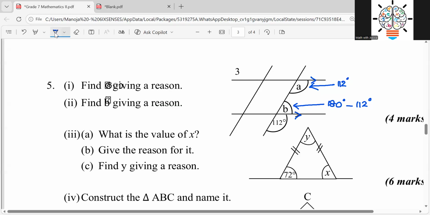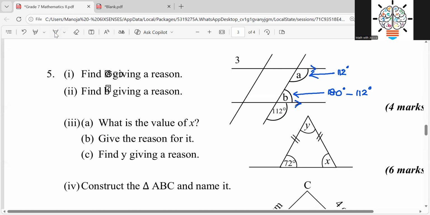Then we have the transversal. And if you come across this kind of F letter angle, we call it the corresponding angle. So A is equal to 112. Another way, after finding A, you can find B. A plus B is equal to 180 again. Why? The interior angle, C letter angle. With that, you can find B is equal to 180 minus 112, right?